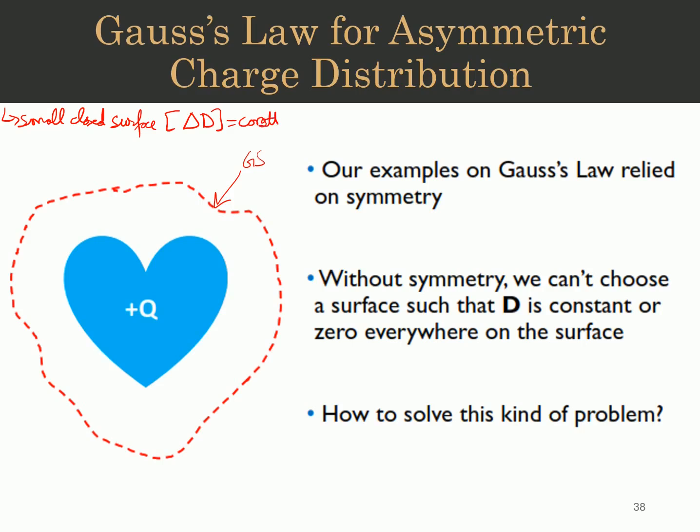For example, if this is my asymmetric surface, I can select a very small portion, calling it delta D, and now the value of D will be constant over this small selection, and then we can analyze what happens to the value of D over this surface when we move D in small steps.